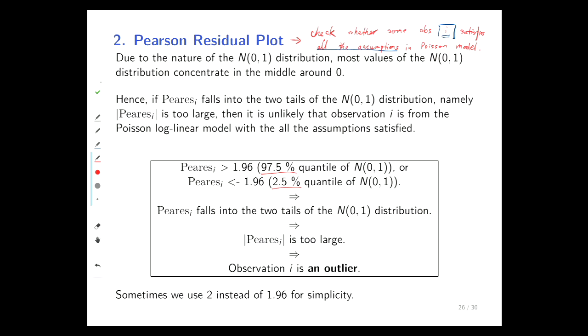So in this case, those i's are outliers, which means those i's possibly do not satisfy the model assumptions.